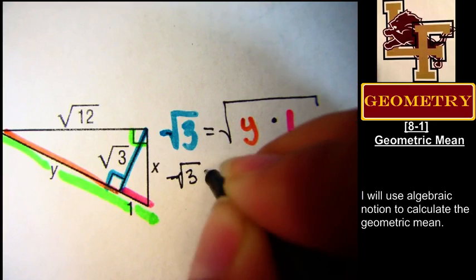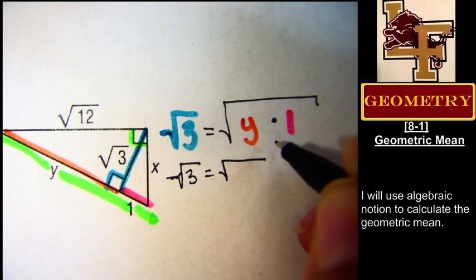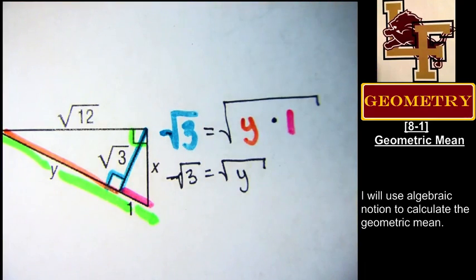Square root 3 equals... do I need to write times 1? No. If on one side I have square root 3, and on the other side I have square root of, I don't know what that is, both sides have square root, right? And that's the only thing they have?